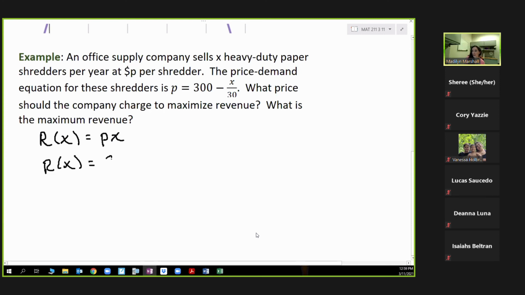So in this case, p is 300 minus x over 30. And so just like we did back in some chapter before, to get the revenue function, we're multiplying the price times the number of units that we are selling. So our revenue function is 300x minus x squared over 30.